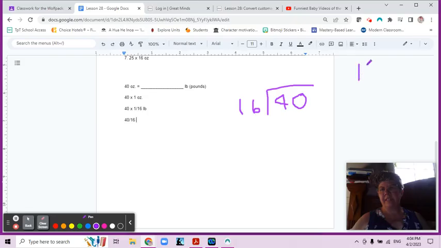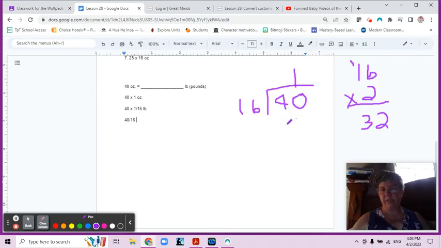Well, 16 times 2 would be about 32. So 3 would be too big, right? So let's just double check that. 6 times 2 is 12. 2 times 1 plus 1 is 32. So I'm going to say it's going to go in.